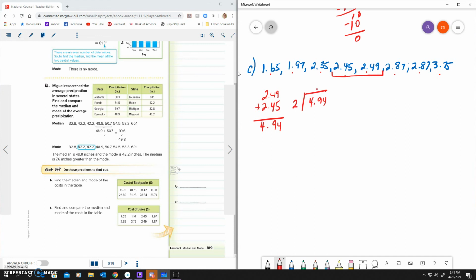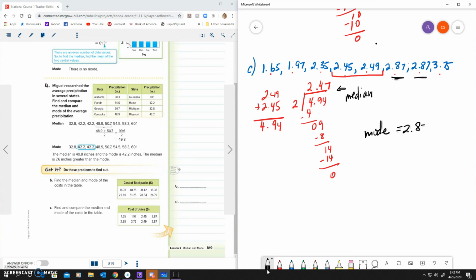Put your decimal up in your answer. 2 there, 4, we subtract. Bring down the 9, 4, 8, 14, and 7. So this is our median. Mode. Mode again is that repeated number. Notice that we have this number and this number repeated, so our mode is 2.87.